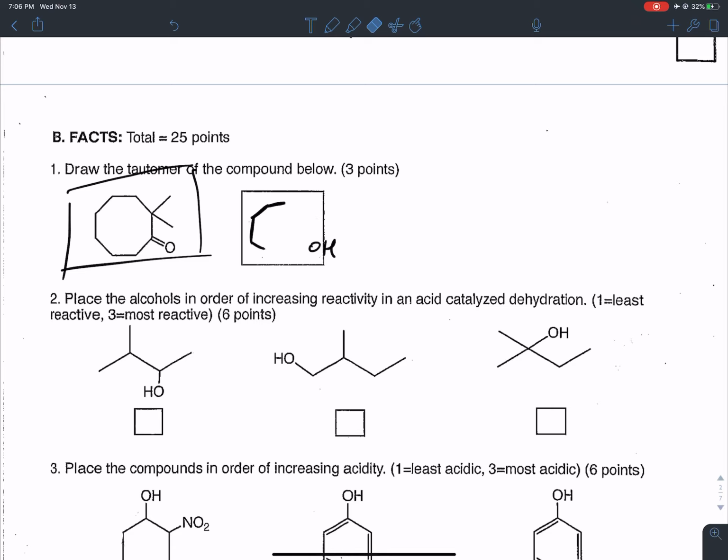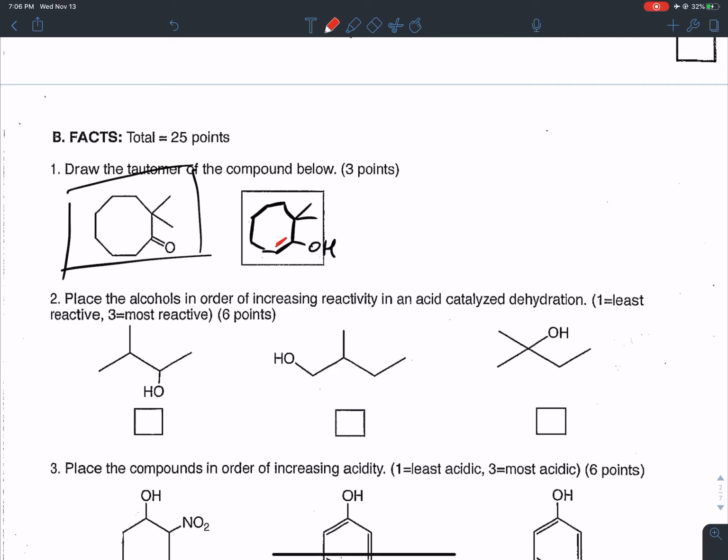So let's see what happens when we put it on A. What's wrong with that? Yeah, this carbon right here has 5 bonds now. Good or bad? Bad. So are we going to do that? Nope. So we're forced to put the double bond there.